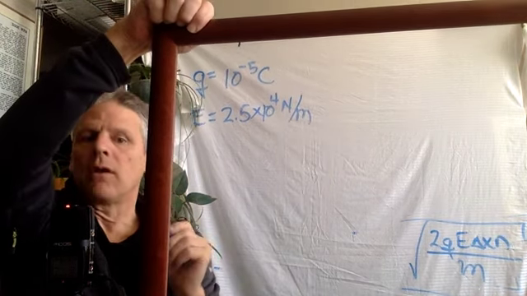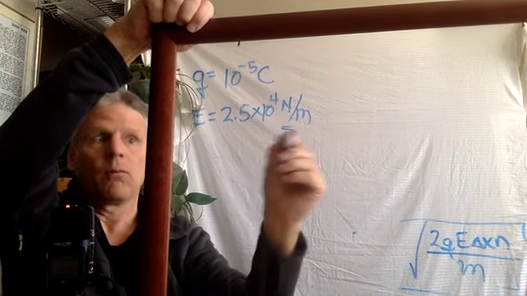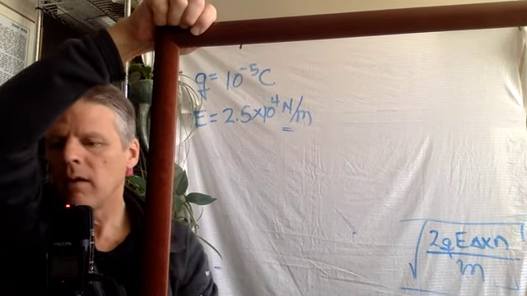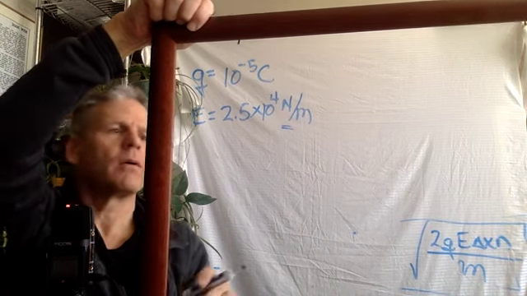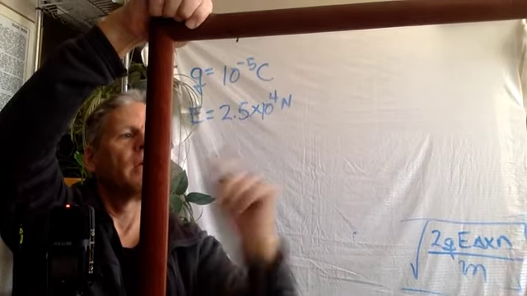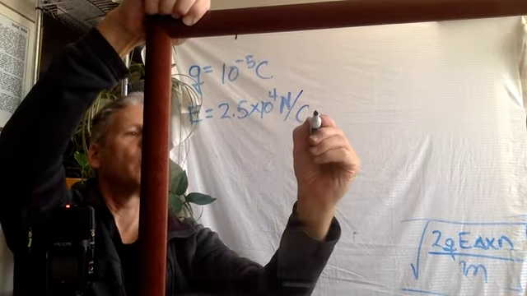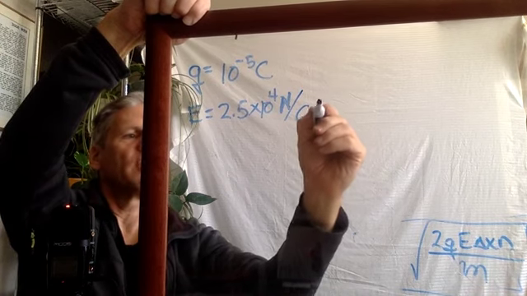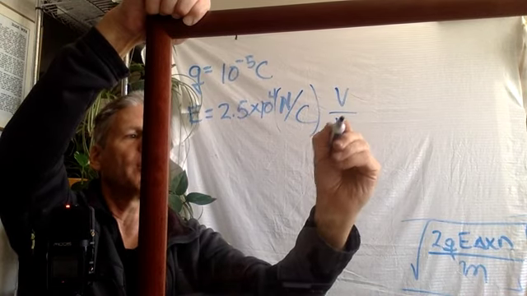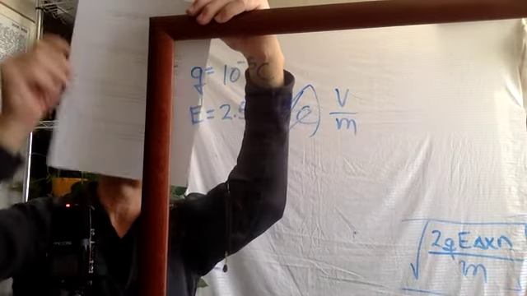You will notice I gave you the definitions for units, and what is easy to find is that that's not newtons per meter. I'm going to have to change that. It's newtons per coulomb, which is also the same as volts per meter. And we're going to use that. I got to make a note here so I fix this before I give this test to you guys.